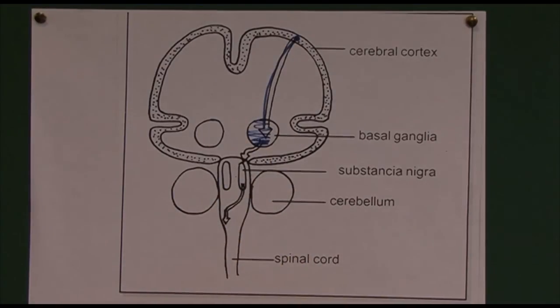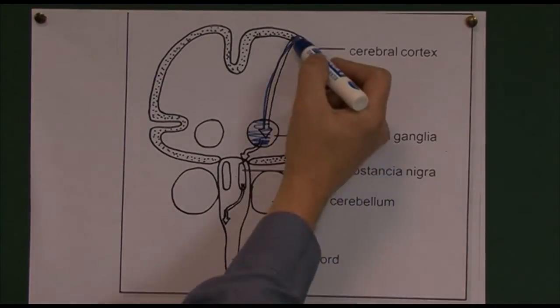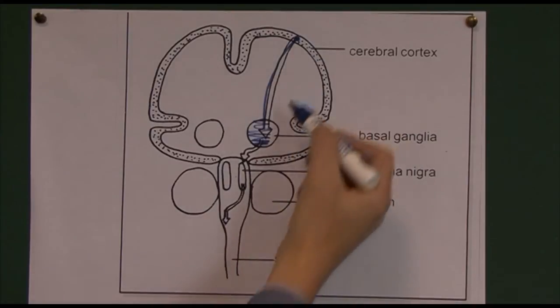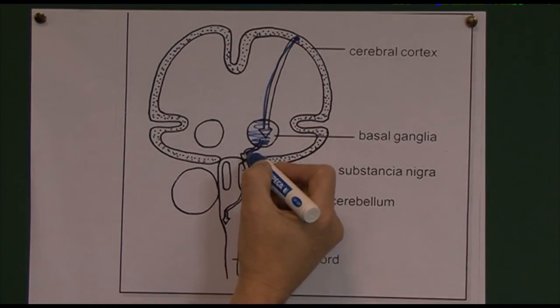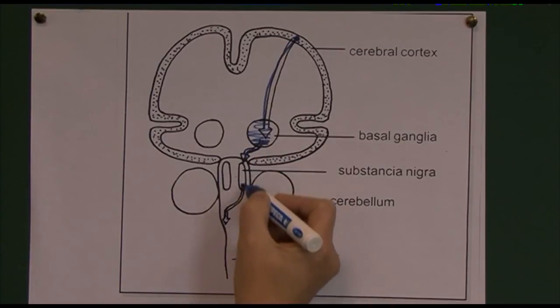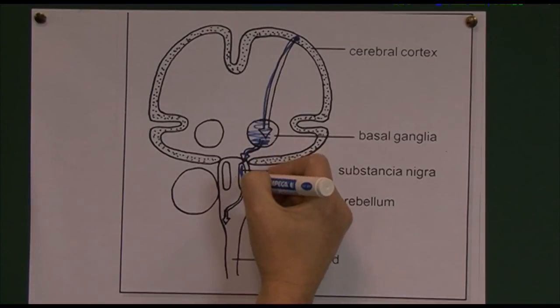And this is particularly important with fine movement control, with initiating movements and stopping movements and making movements fluid. It's kind of elaborating, if you like, and refining the movements which are generated in the motor cortex. And from here, the impulses go through these dark areas in the midbrain called the substantia nigra.